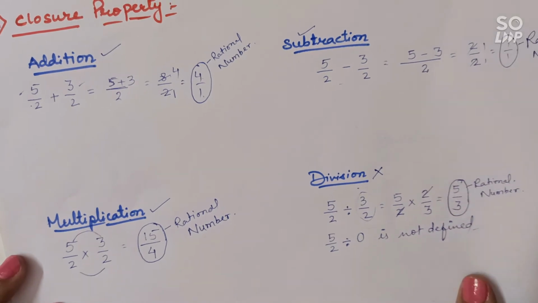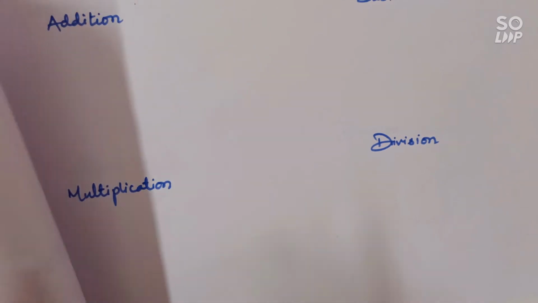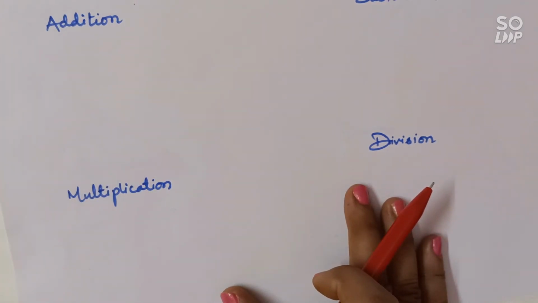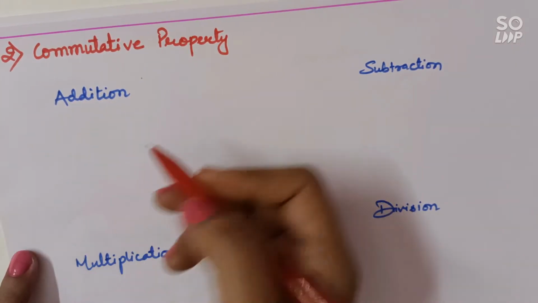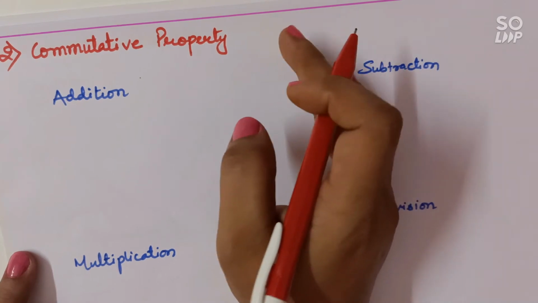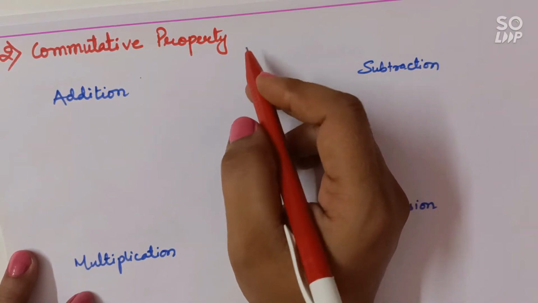Now let's move on to the next property, that is commutative property. Here we will see what commutative means. We have already studied all these things in whole numbers and integers.